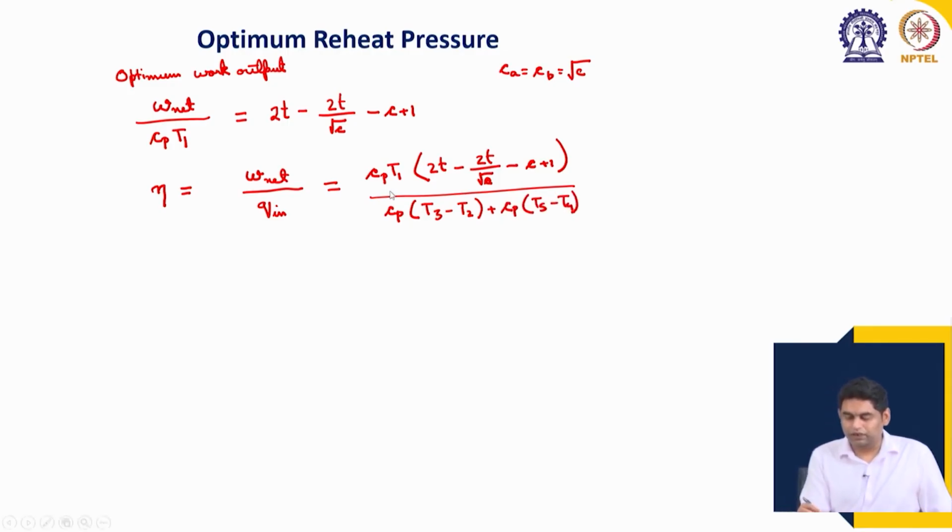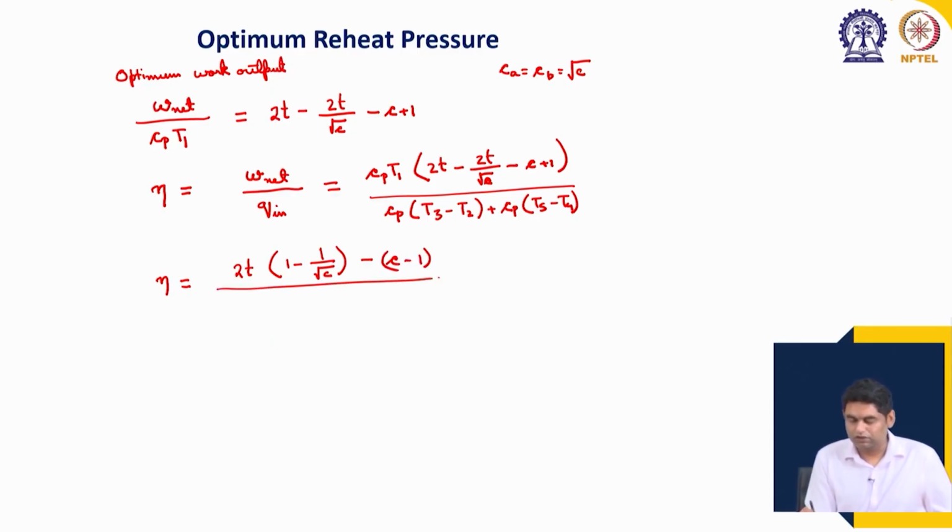So, now we can take out CPT 1 common from both the numerator and denominator, and after rearranging you will get a final expression of this form. I am directly writing down, please try to derive this on your own, only 2 steps are involved. Okay. 2 T 1 minus 1 by root C minus C minus 1 divided by 2 T minus C minus T by root C. Okay.